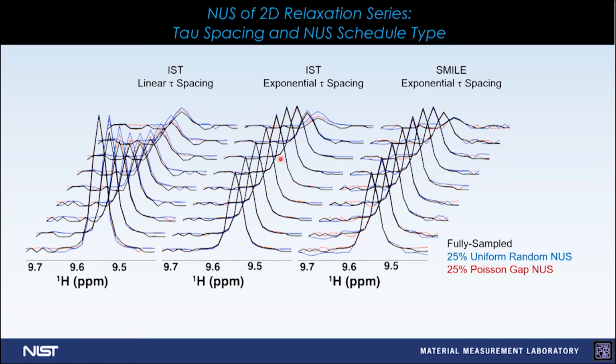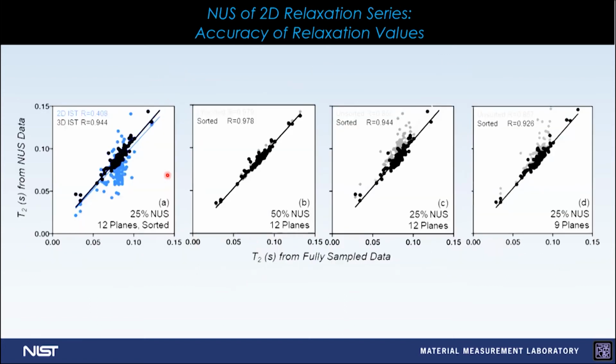And while all of these cases work very well, if you look very closely, especially at the planes at high tau values, the non-uniform sampling reconstructions match better when we have exponential tau spacing than when we have linear tau spacing. And we can also characterize these results in terms of not only the intensities in the spectra, but the actual relaxation values that we can extract from the reconstructed data.